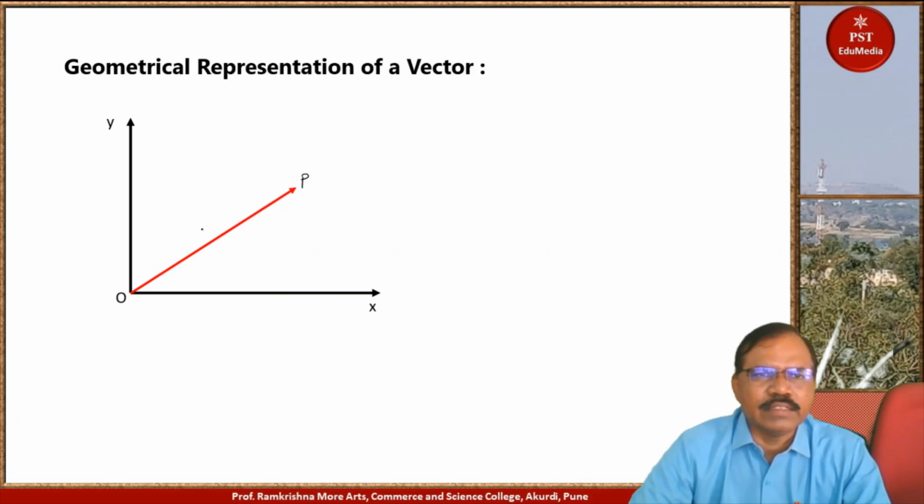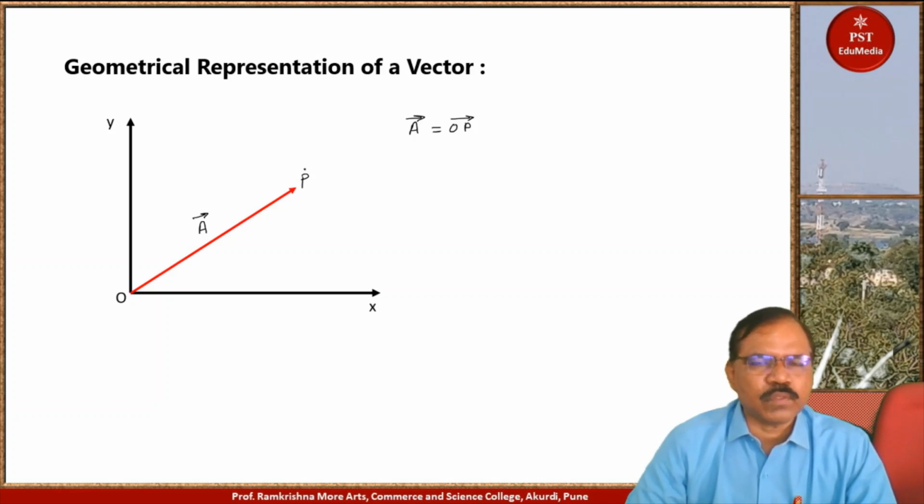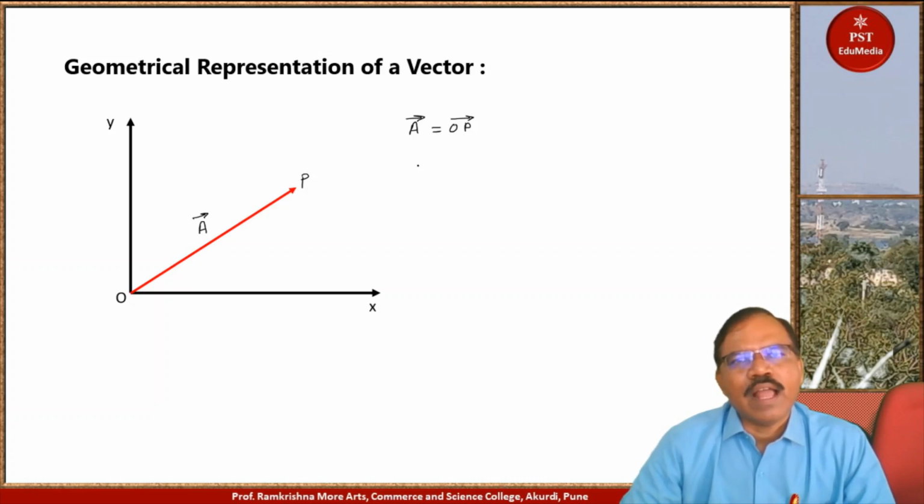So this is the direction and I will take this as a vector, a vector along OP, so we can call this the OP vector. The magnitude of the vector is the length OP.